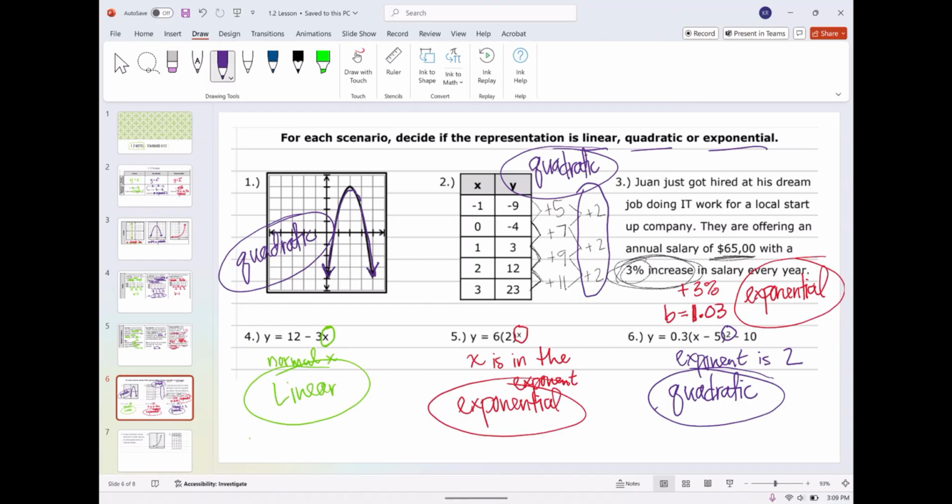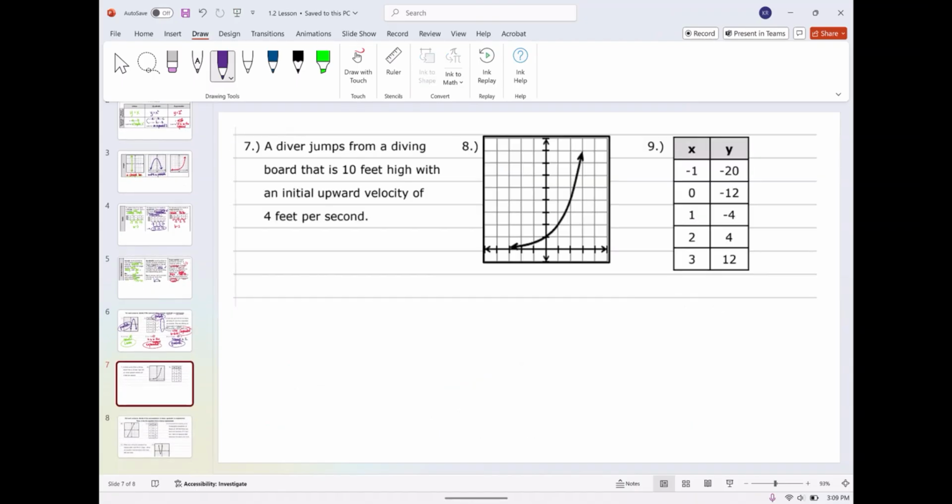All right, so we've looked at the first 6 examples. Now let's look at the next few here. So number 7, we have a diver. He jumps from a diving board that is 10 feet high with an initial upward velocity of 4 feet per second. So here's our diving board, right? He goes and falls down into the water.